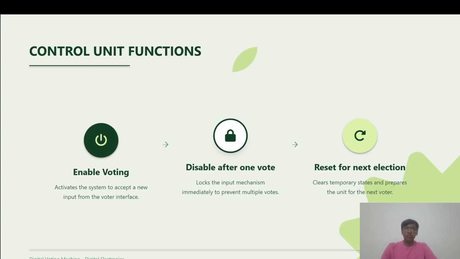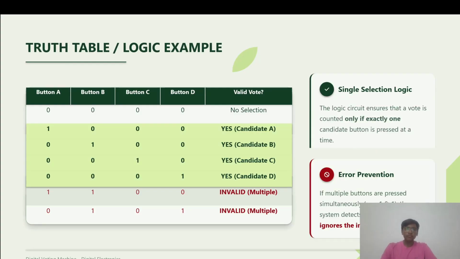This ensures proper operation of the machine. Truth table. This follows a logic rule. Only one button, valid vote. No button, no vote. Multiple buttons, invalid vote. This is implemented using logic gates and ensures correct input validation.